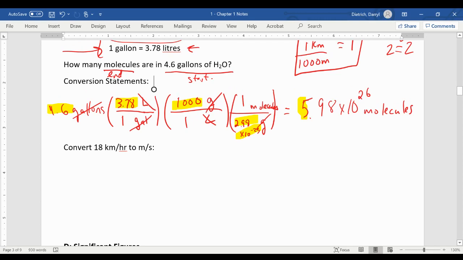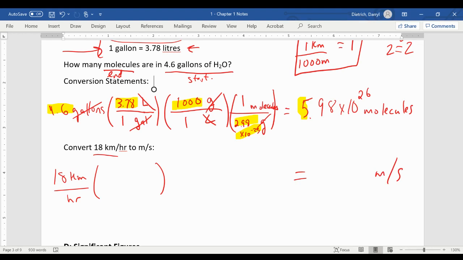We quite commonly switch back and forth between kilometers per hour and meters per second. So in this example, I'm going to start with 18 kilometers per hour. I drew my conversion factor, but I'm going to put equals meters per second over here because I want to end up in meters per second.